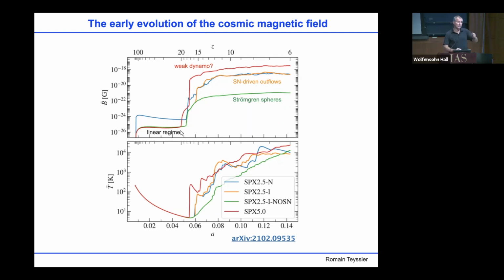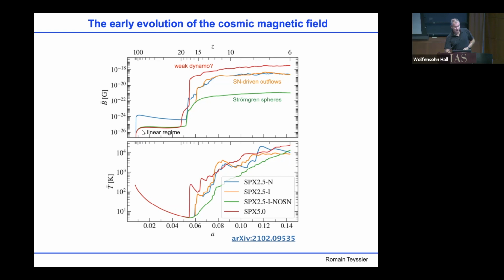Then, once the first stars formed, UV light is shining, and you have this Strontium sphere regime. Here in green, you see a simulation that we performed by turning off supernova explosions, so that's only due to the Strontium spheres, to photoionization radiation. But then, once supernovae start to explode, there is a second branch, boom, which is over there, the orange value.